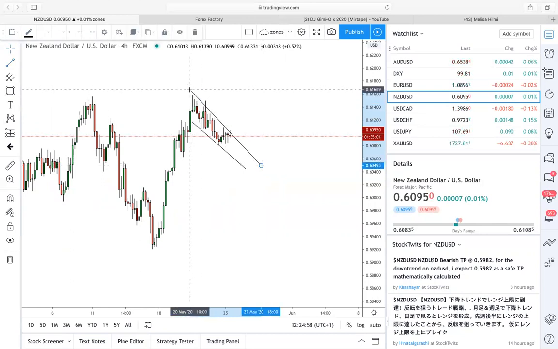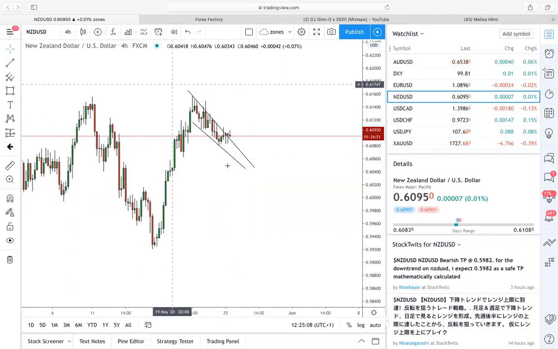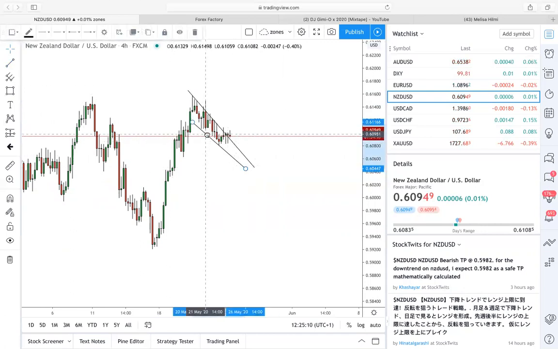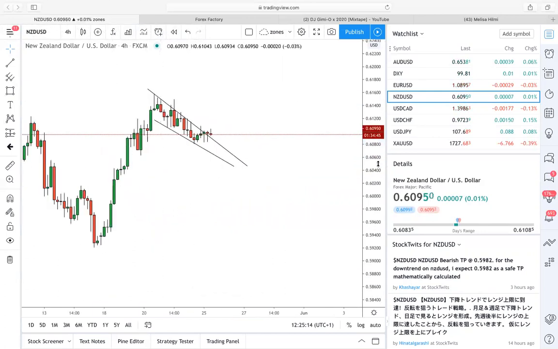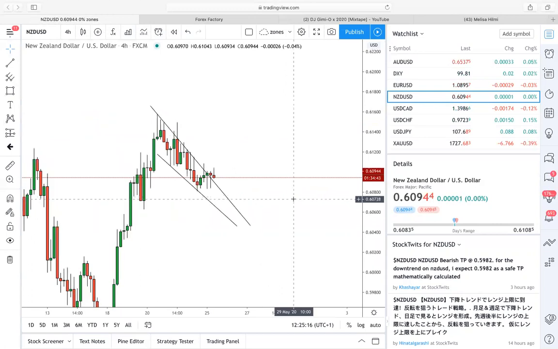If I just try and make this as accurate as possible. Okay, so we've got this really thin wedge going on.